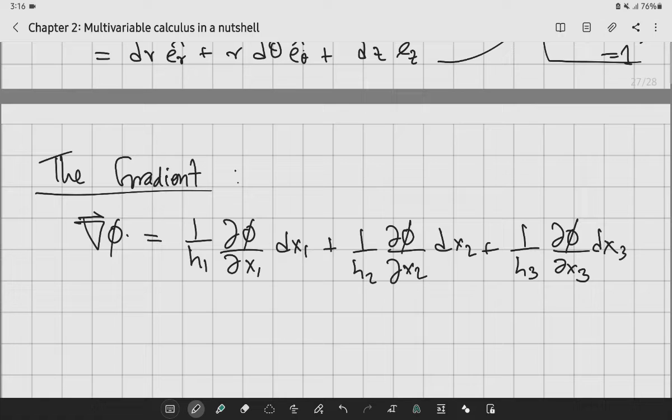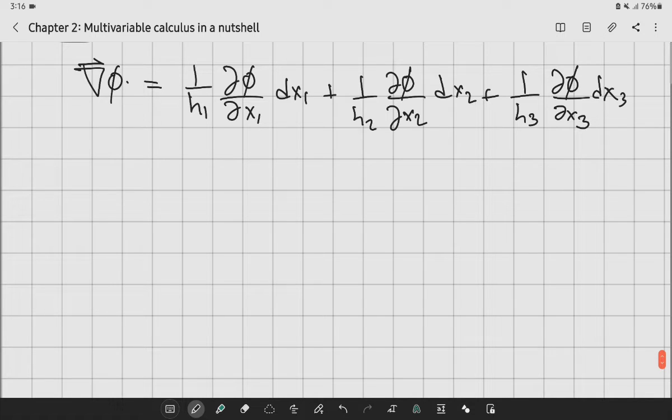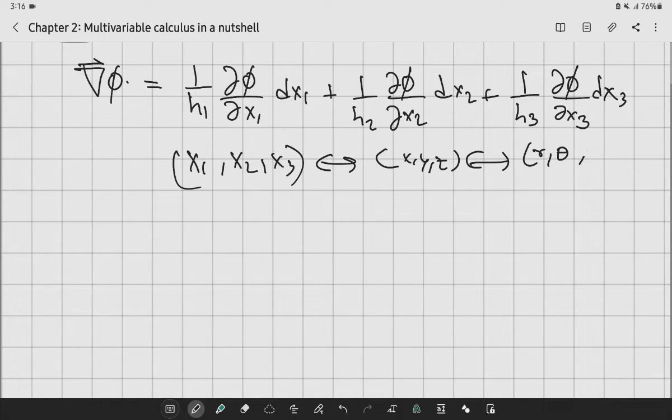Now I'm not really going to show you how you obtain this because we have to go through tensor calculus. It's really not appropriate for this course at this level. And also we don't have time, so I have an excuse. Okay, so you should remember that x1, x2 and x3 are nothing but x, y, z, or r, theta and phi, or z, depending on whether you're in spherical or in the cylindrical.